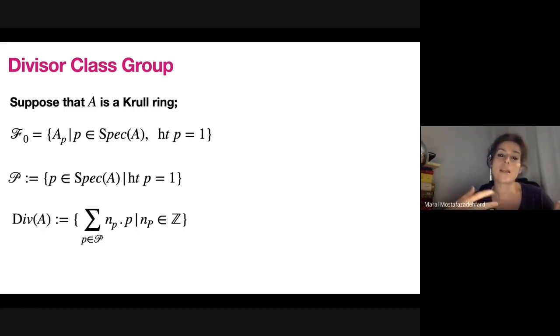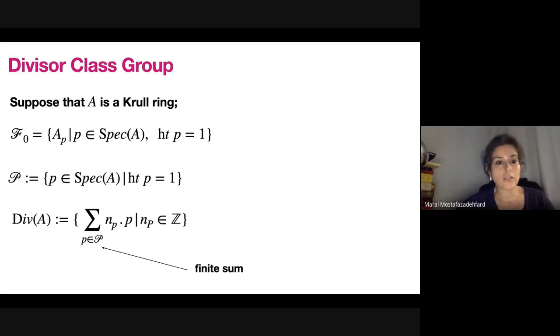We know that the Weil divisors are all the prime ideals of codimension 1. So we can define a group consisting of all formal sums of codimension 1 prime ideals, where the coefficients come from the integers, and this sum is a finite sum.